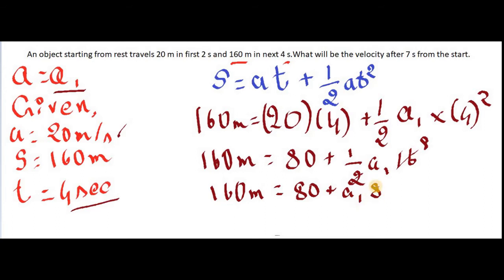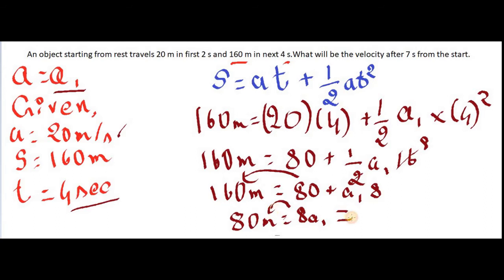We will take this 80 to the left hand side, then it would be 80, right? 80 meters is equal to 8a1. If we get this 8 also to the left hand side, what would be remaining?